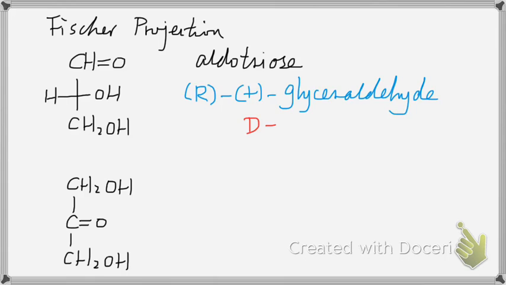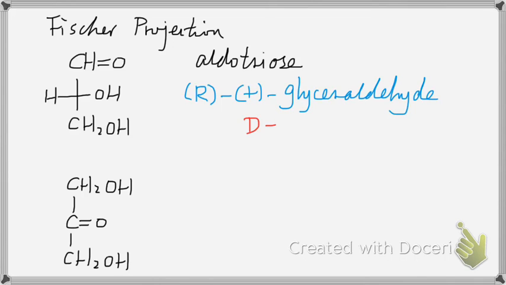For the aldyl triose, the name is R-glyceraldehyde. And we define the stereochemistry as the D. We also call it D-glyceraldehyde.